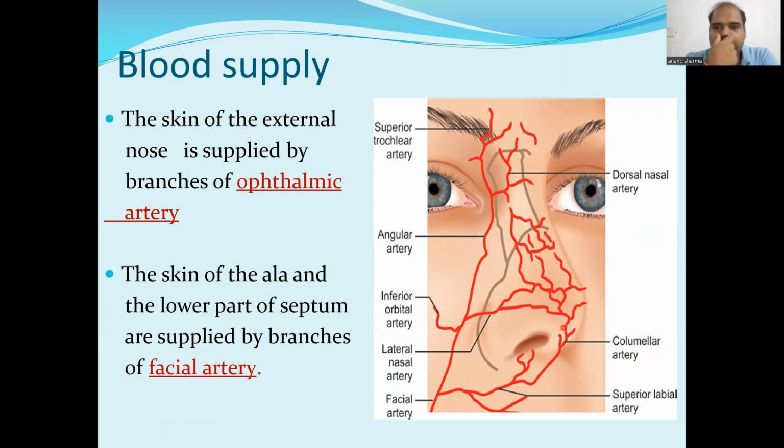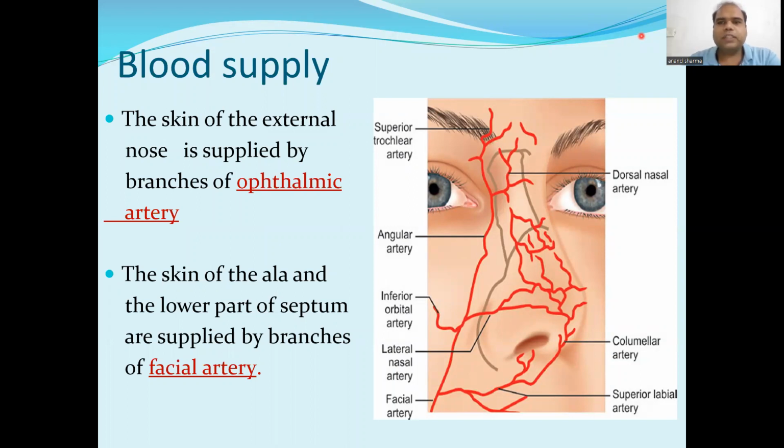Also to the tip of the nose and lower part of the ala. Similarly, ophthalmic artery branches are giving blood supply to the dorsum of the nose and other parts of the skin over the external nose. So this is the blood supply of the external nose.